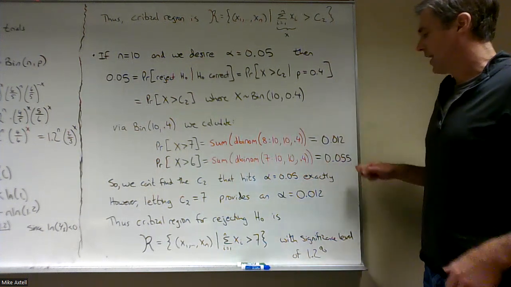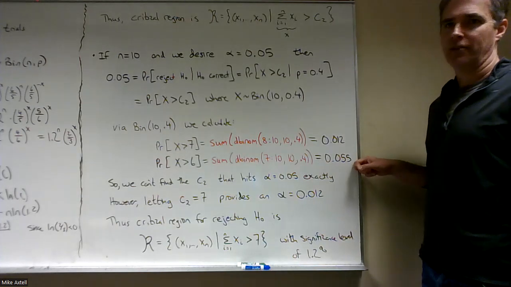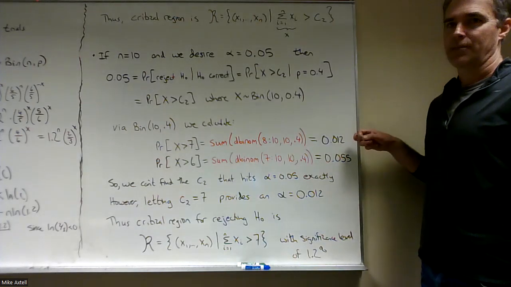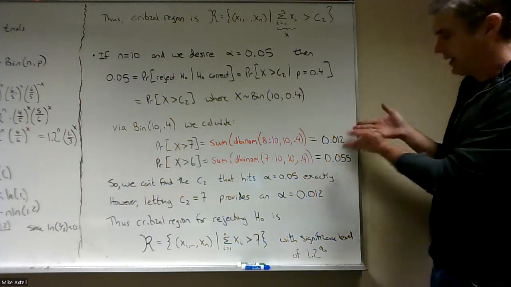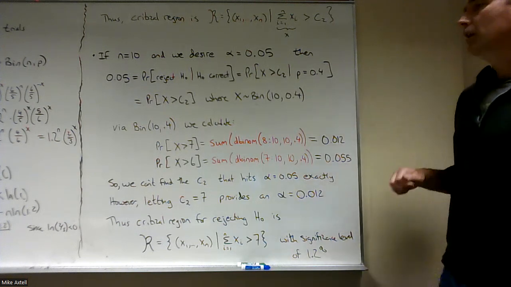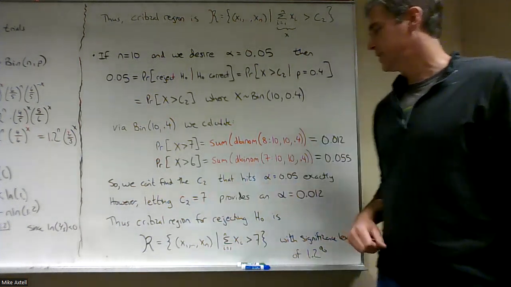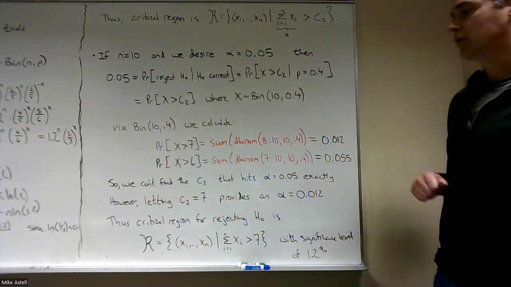So you can either say, hey, I'm going to accept an alpha of 0.055, or I'm going to accept an alpha less than 0.055. So I decided, you know what, we're going to go with the less than. So we're going to set C2 to be 7, which provides an alpha of 0.012.